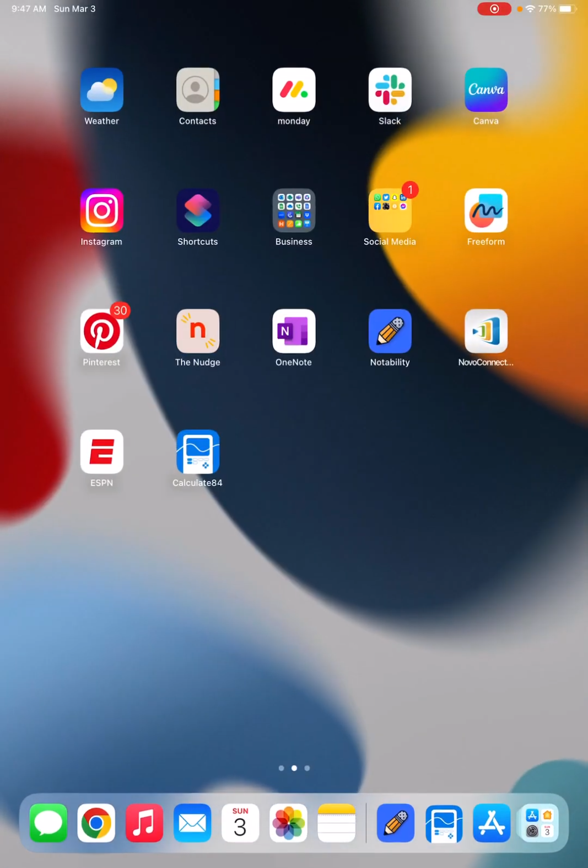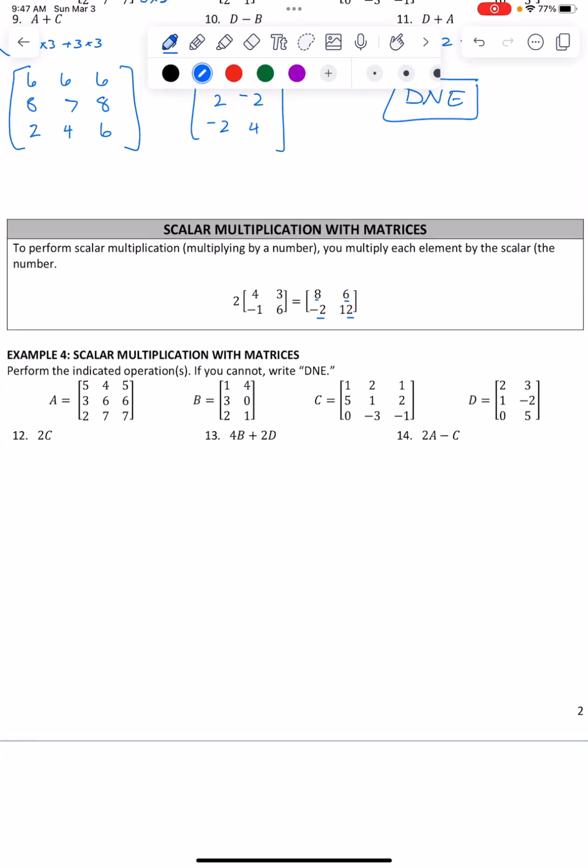So 2 times C would be 2, 4, 2, 10, 2, 4, 0, negative 6, negative 2. So we got that. And then same thing for 13, 4B plus 2D. We can do the same thing.